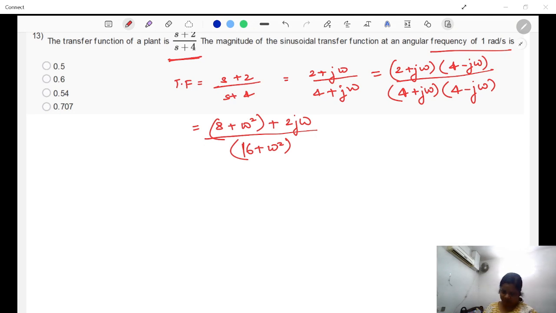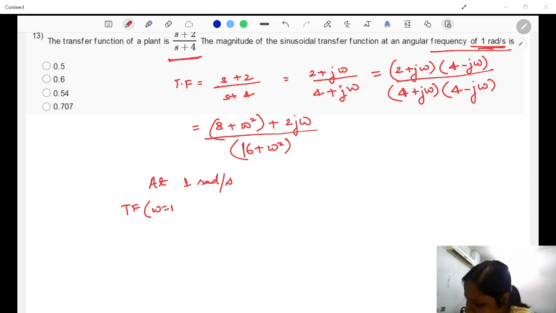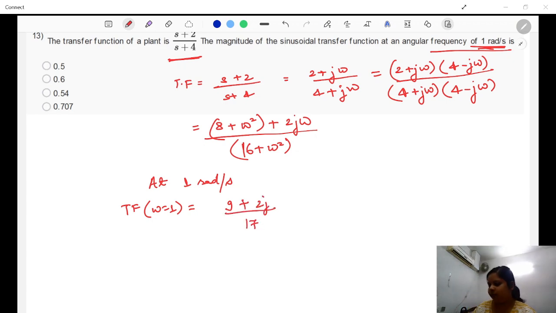So this is the thing we have done. Now we want to find the magnitude. Before finding out the magnitude, I'll put frequency to be 1 radian per second. Transfer function at omega equal to 1 is 8 plus 1 is 9 plus 2j upon 17.